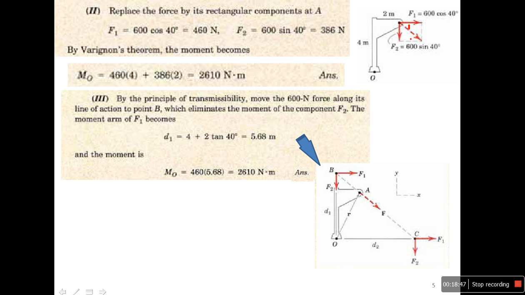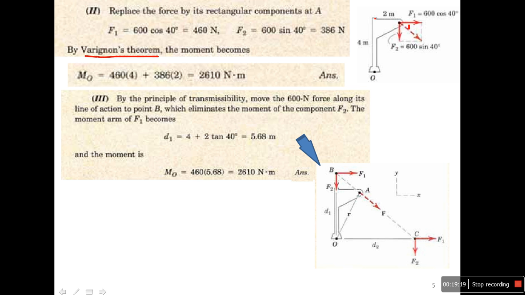F2 equals 600 multiplied by sine 40. So I have two components. If I use Varignon's theorem, these forces can make a moment about O.